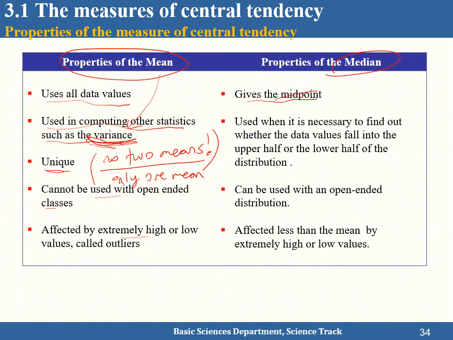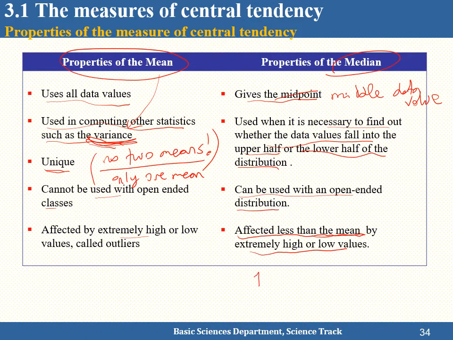Let's not say the midpoint, but the middle data value, and it is used when it is necessary to find out whether the data values fall into the upper half or lower half of the distribution. It can be used with an open-ended distribution. It's affected less than the mean by extremely high or low values.